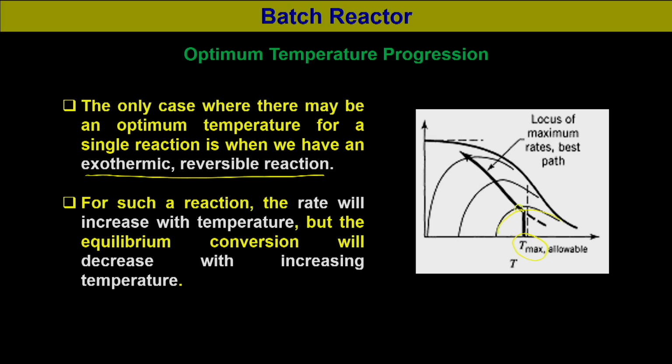This is the maximum rate path and this line is the equilibrium curve. If we can maximize the rate at different temperatures, then we can achieve the maximum conversion in minimum time. So, we will go with an example, an exothermic first order reversible reaction.